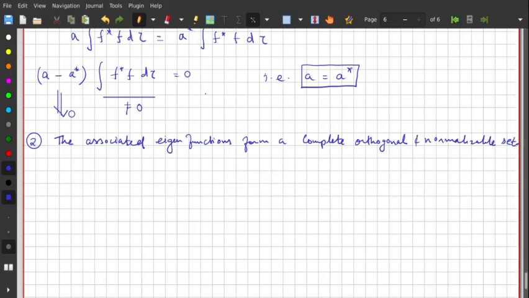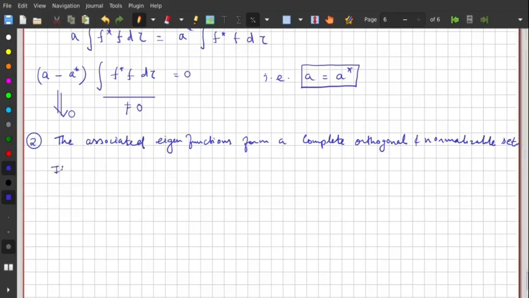Part of this proof is here. So let's do it like this.